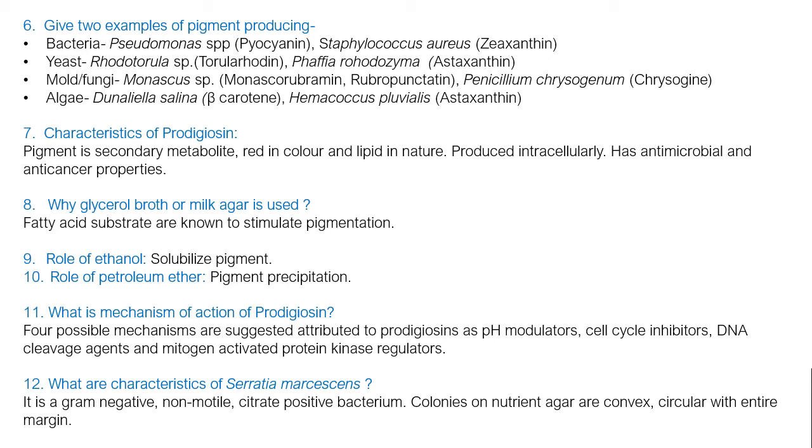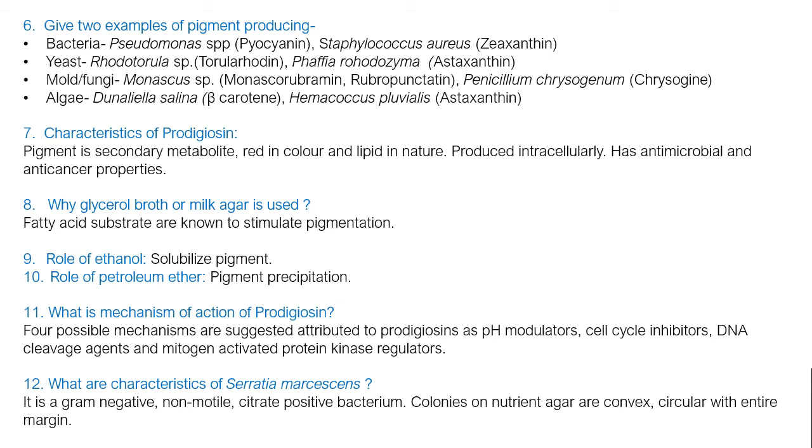Okay, so bacteria, there are many examples. I had listed the easy one here to remember. So the example is Pseudomonas, pigment is pyocyanin, then Staphylococcus aureus, zeaxanthin. Then in case of yeast, Rhodotorula, the pigment is torularhodin. Then Phaffia rhodozyma, the pigment is astaxanthin.